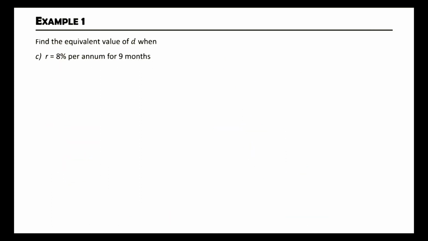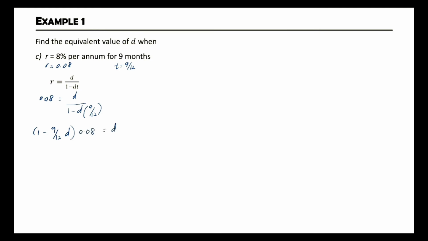Next example, find the equivalent value of R when d is equal to 8% per annum for 9 months. So again, d equal to 0.08 and t is 9 over 12. We have R equal to d over (1 - dt), where d is 0.08 and R is what we're looking for. R equals 0.08 over (1 - 9/12 times 0.08).